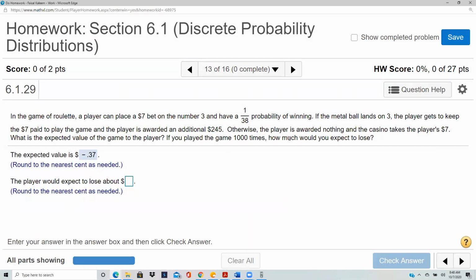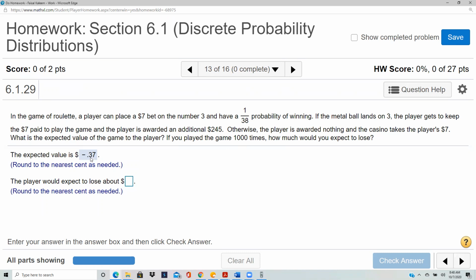So the next part was, if you played the game 1,000 times, how much would you expect to lose? So this expected value is telling you that if you play this game many, many times, then on average, you will lose 37 cents per game. So if you play it 1,000 times, you multiply this by 1,000.